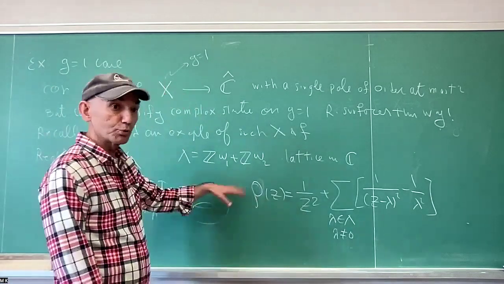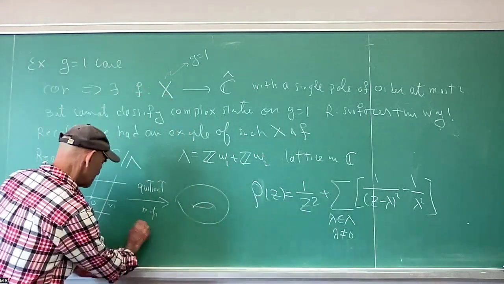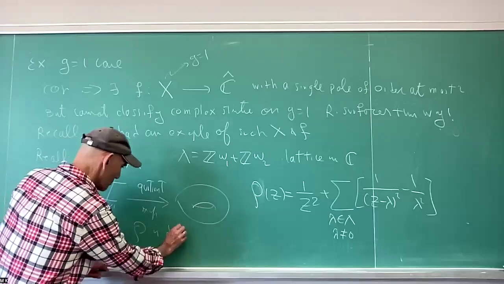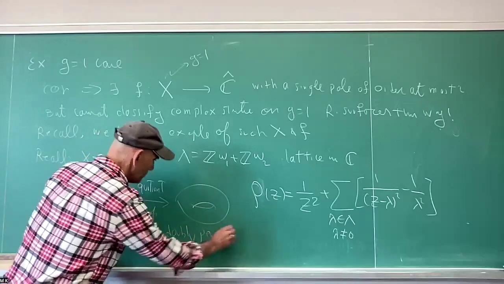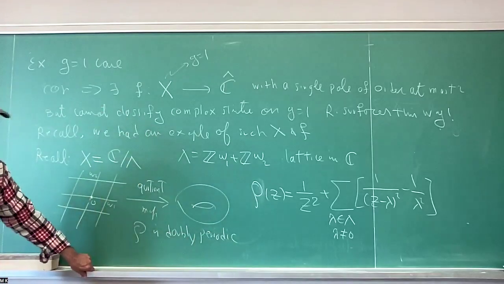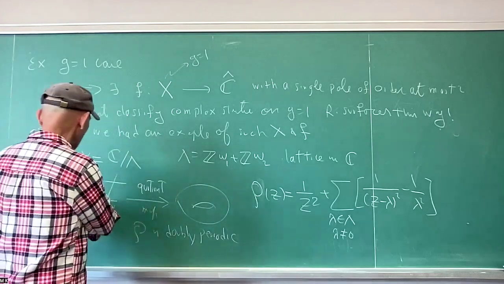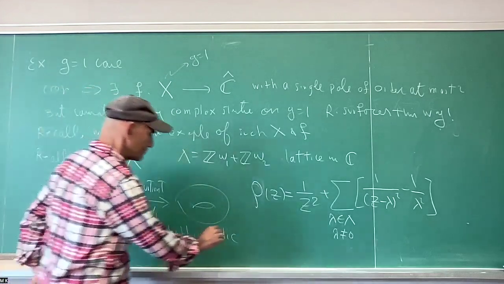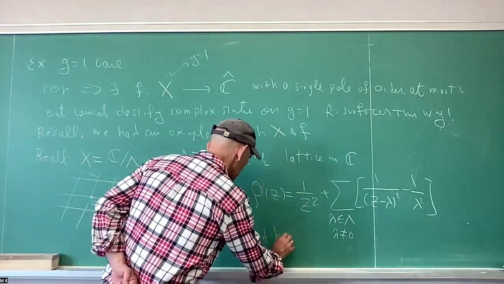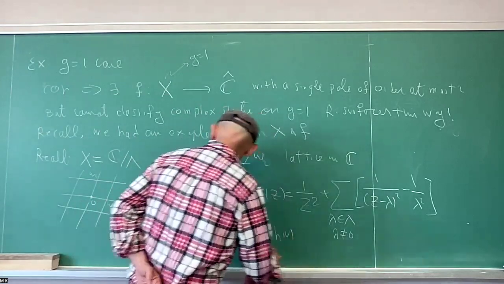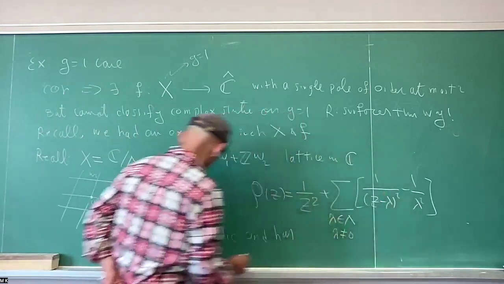We proved that this is a doubly periodic function, and it has poles of order 2 at the lattice points.